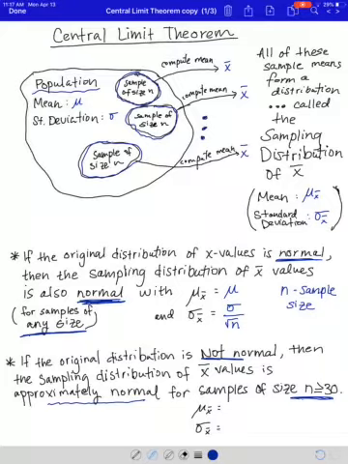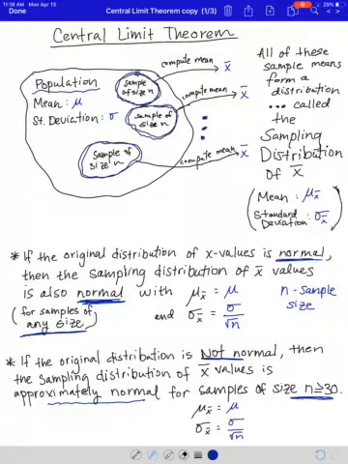If it's at least 30, then we can use our central limit theorem. And our mean and standard deviation are computed the same way as before. The mean for the sampling distribution is the same as the population mean, mu, and the standard deviation for our sampling distribution is computed as our population standard deviation divided by the square root of n.